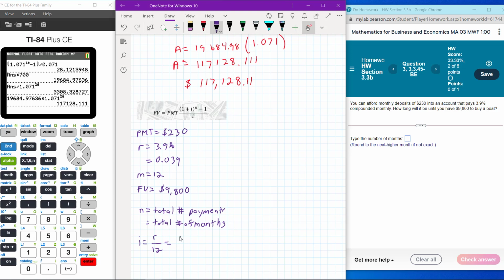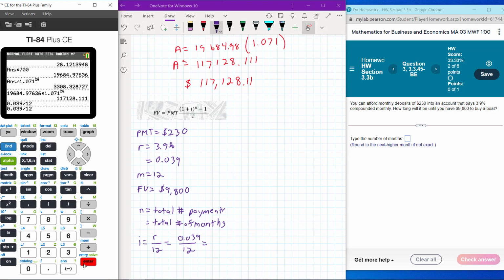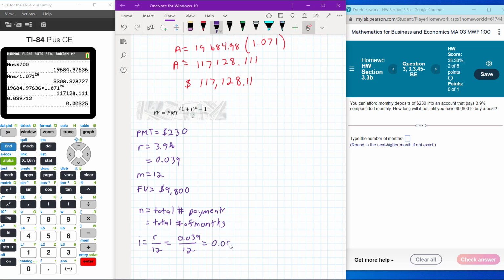That is going to give us 0.039 divided by 12, and that gives me 0.00325. So I is 0.00325.